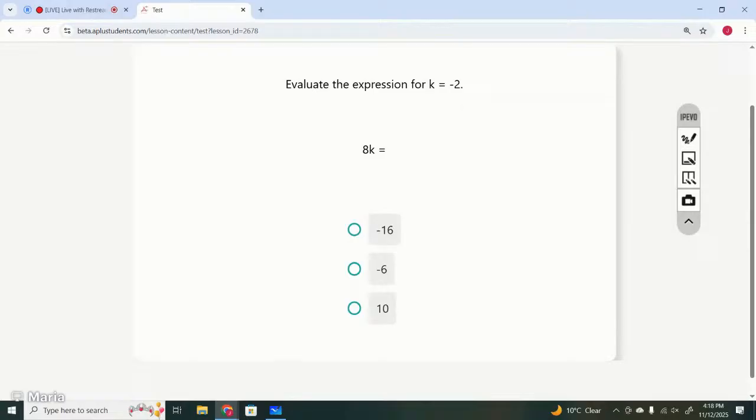Simply replace the variable with the value.